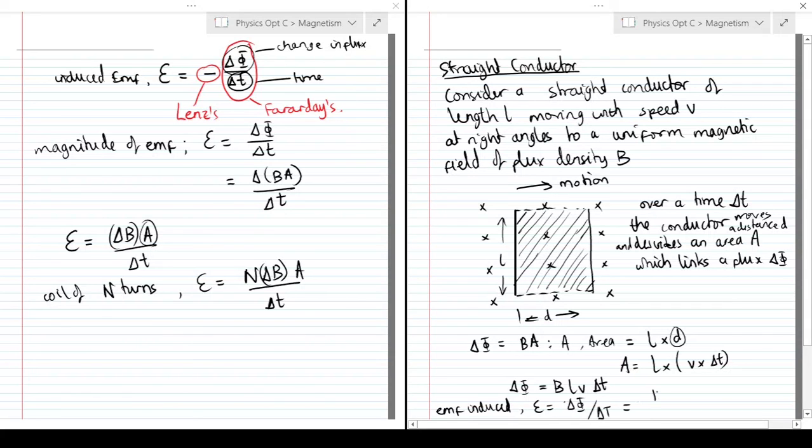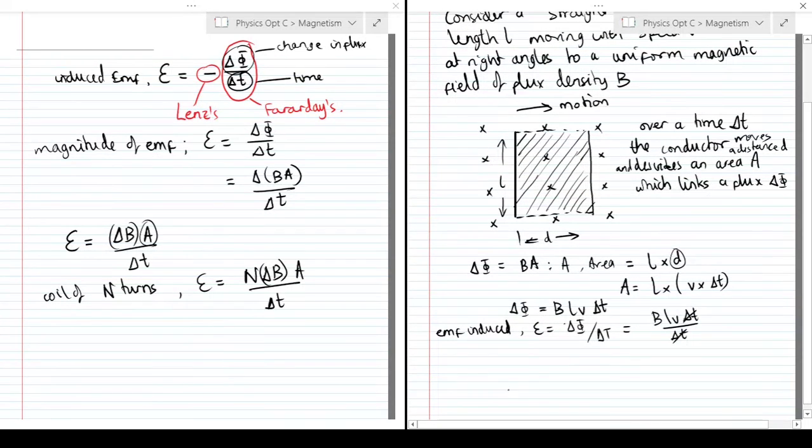Which is, of course, BLV delta T divided by delta T. The delta T will cancel. So therefore, and I'll scroll down a little bit because I do have some space, the EMF induced is what?